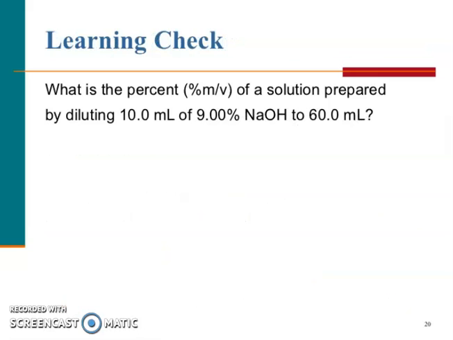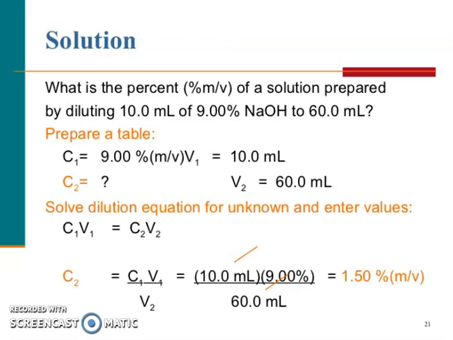So, learning check. What is the percentage m/V of a solution prepared by diluting 10 mL of 9% sodium hydroxide to 60 mL? Prepare a table: C1 is 9% m/V, V1 is 10 mL, and C2 unknown, V2 is 60 mL.